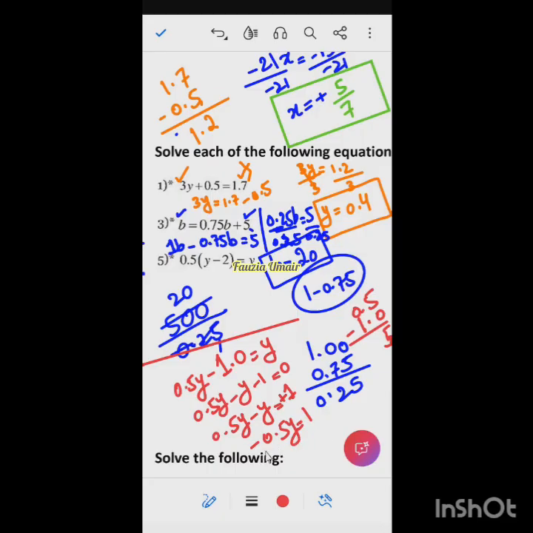So 0.5, now divide both sides with minus 0.5. So this cancels, so y is equal to minus, will remain as it is, और 1 divided by 0.5. अगर आप 1 का डेसिमल मूव करें तो ऊपर आपके पास आ जाता है 10. So 10 by 5 is 2. So value of y is minus 2.